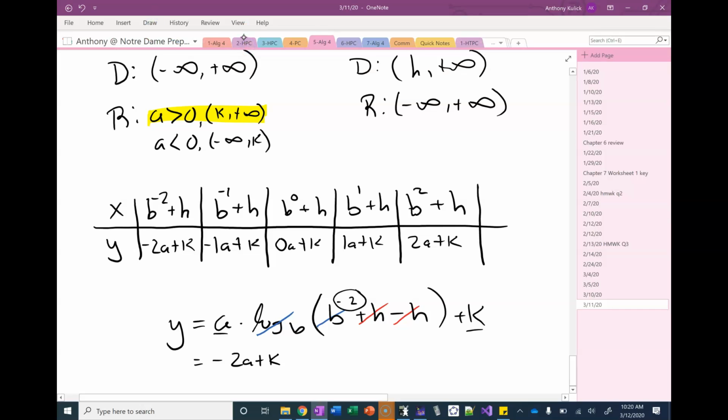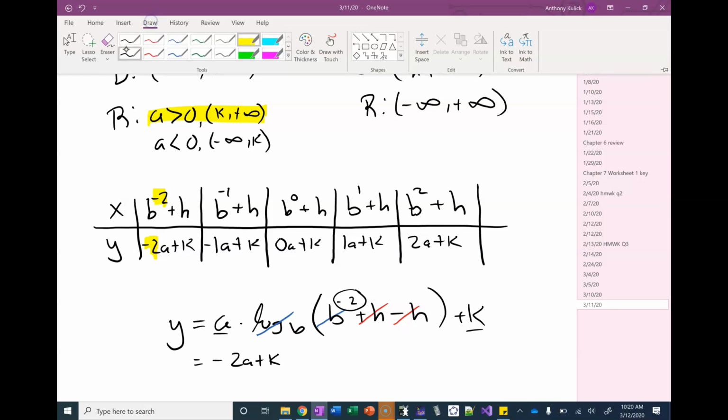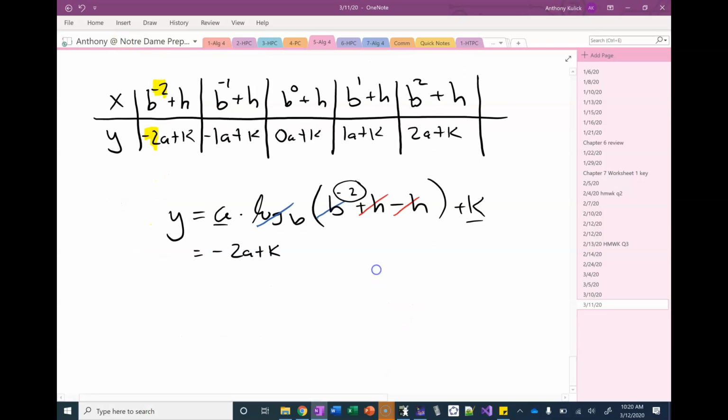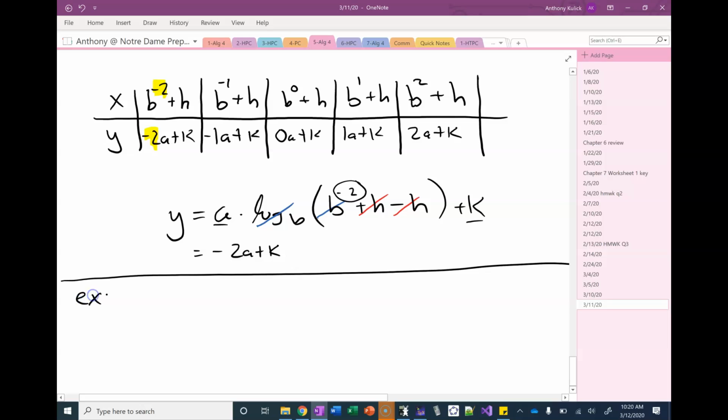So this should be relatively easy to remember because notice that the exponent on my x is just becoming the coefficient on my a. And my exponents are just counting up from -2 to +2, right? So that should be relatively easy to kind of keep track of that. So let's look at an example.